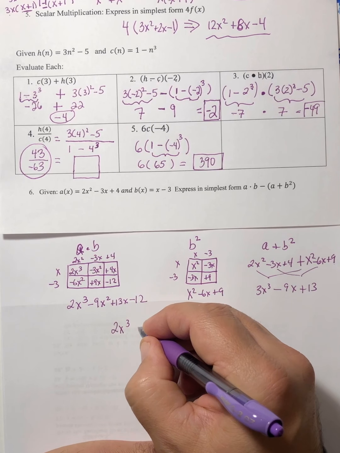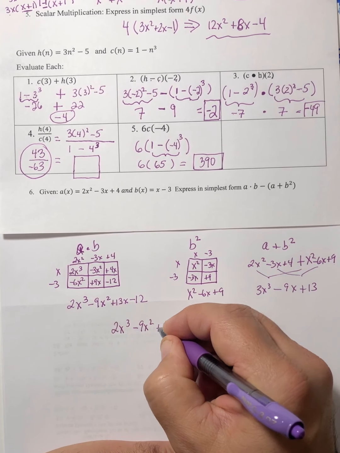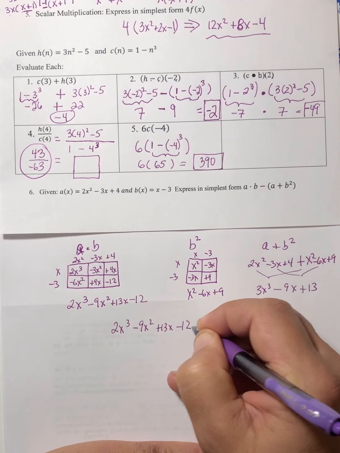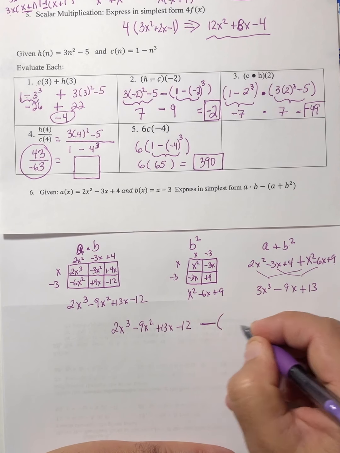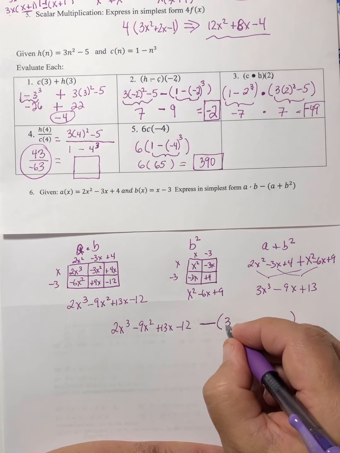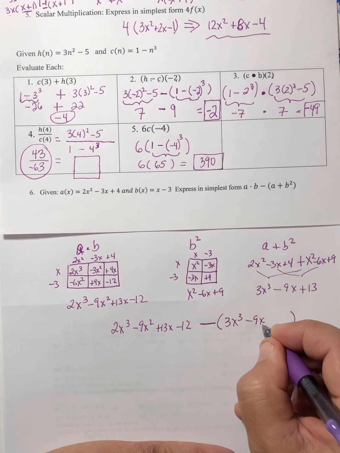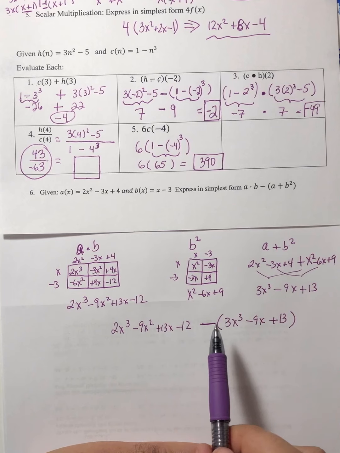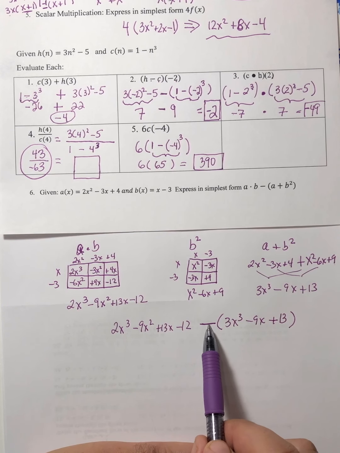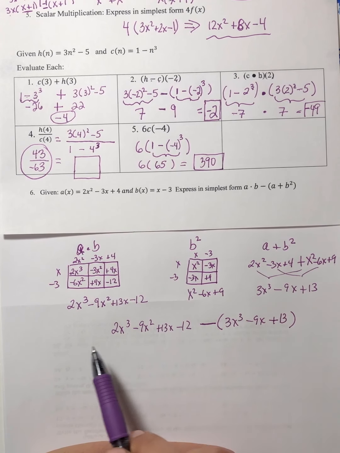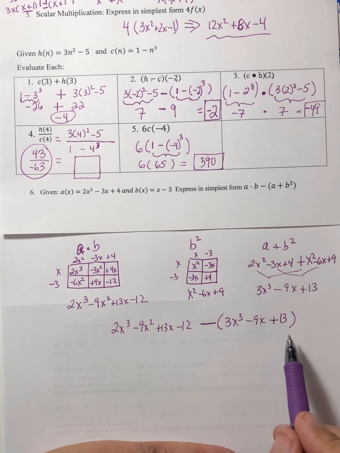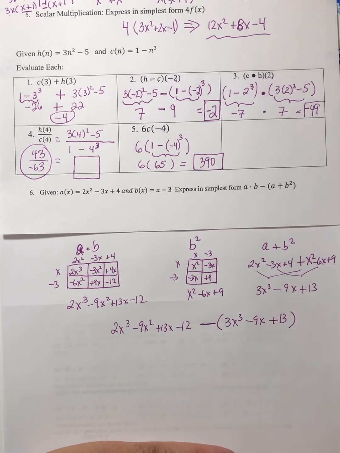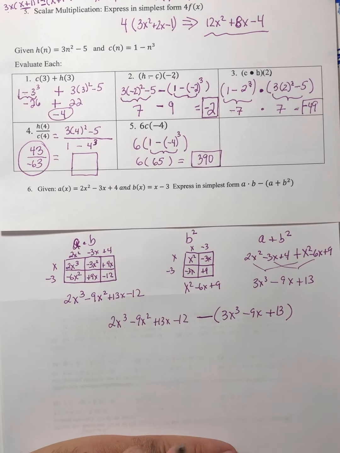2x cubed minus 9x squared plus 13x minus 12 minus parentheses 3x cubed minus 9x plus 13. We could do what I said before, just subtract, or you can distribute the negative and then combine like terms, okay?